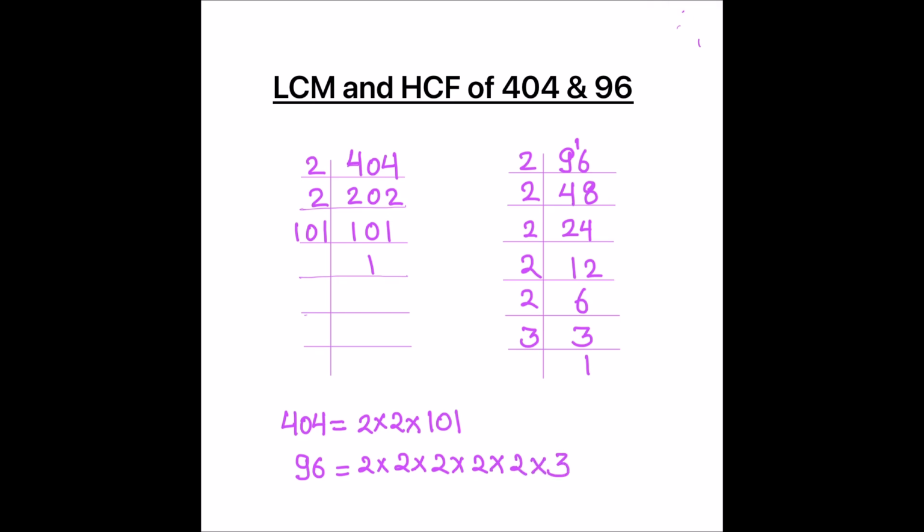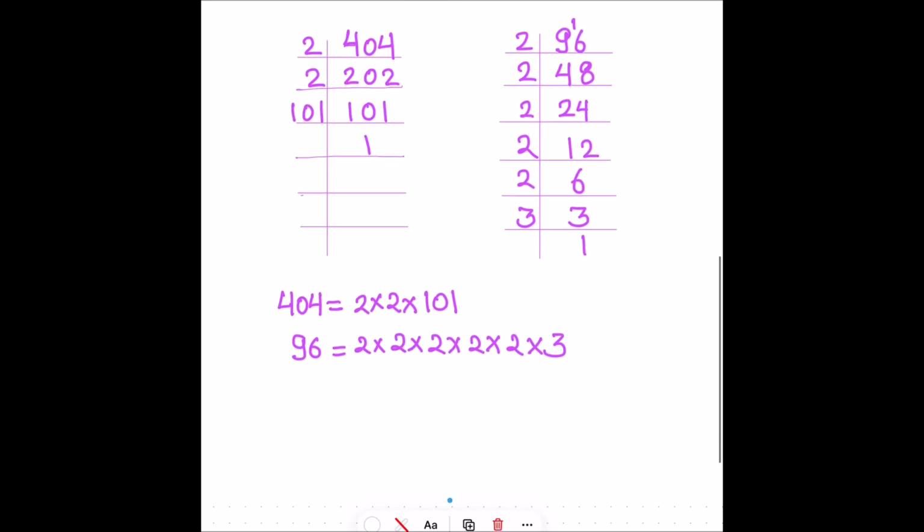Now we know the factors of both the numbers. First we'll find the HCF of the two numbers. For finding the HCF, we're going to take the common factors in between the two numbers. So let's circle out the common factors. Here we see that this 2 is common to both the numbers. So 2 is common, and one more 2 is common to both the numbers.